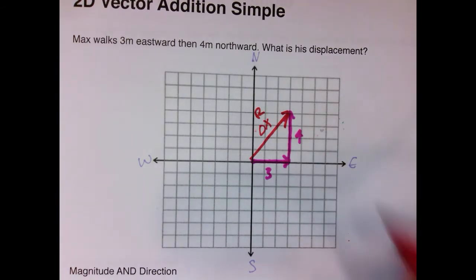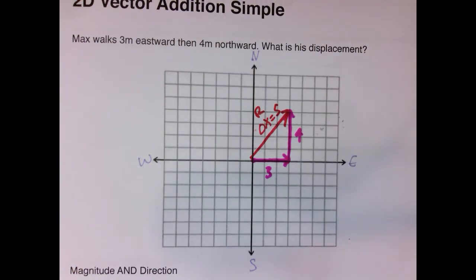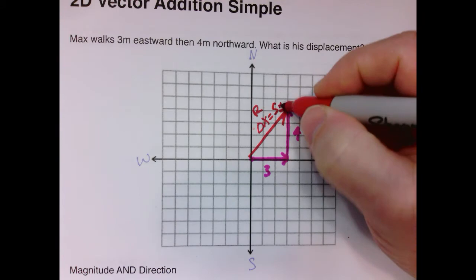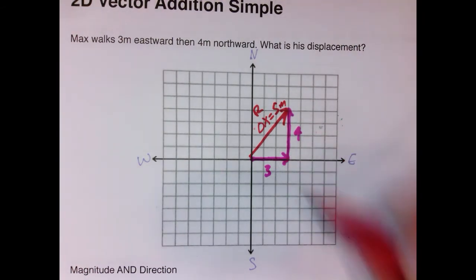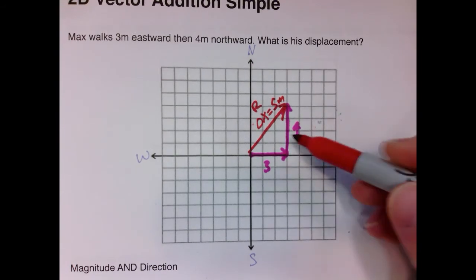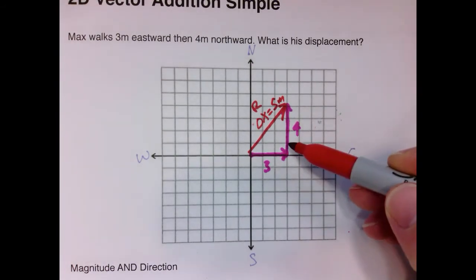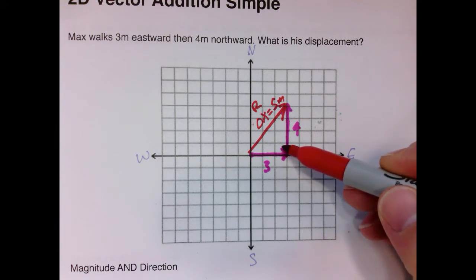But how we would find the resultant in this case would be the Pythagorean theorem, because these are at right angles to each other. So we have a powerful tool when the vectors are at right angles to each other. Later, we will consider the cases where the vectors do not have right angles between them. But for now, we will consider them at right angles to each other.